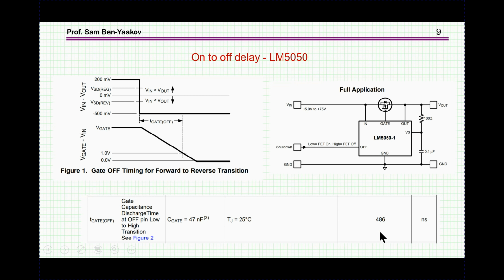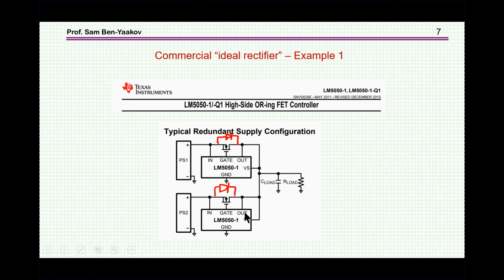Well, that's too slow for a switch mode converter, because you wouldn't tolerate a 0.5 microsecond reverse current. But for an application like the one shown here, in which we have power supplies or batteries which are discharging slowly, and you might like to replace one or the other, this delay is really acceptable.